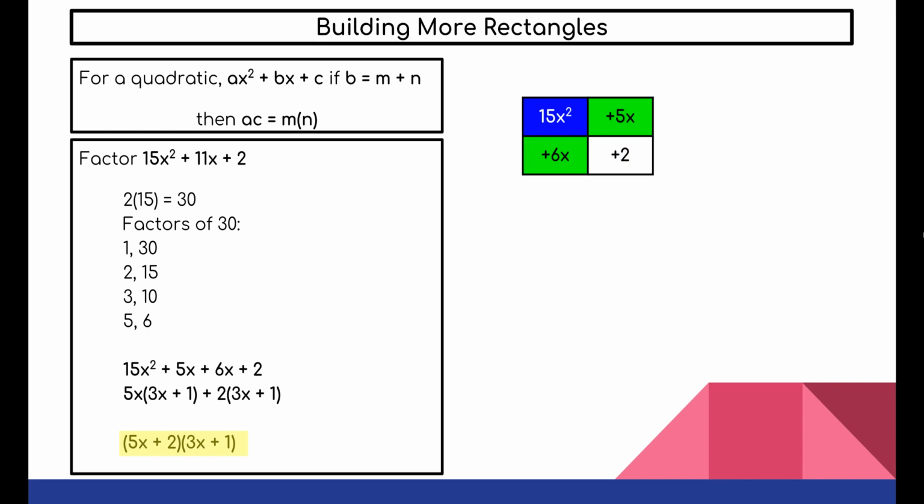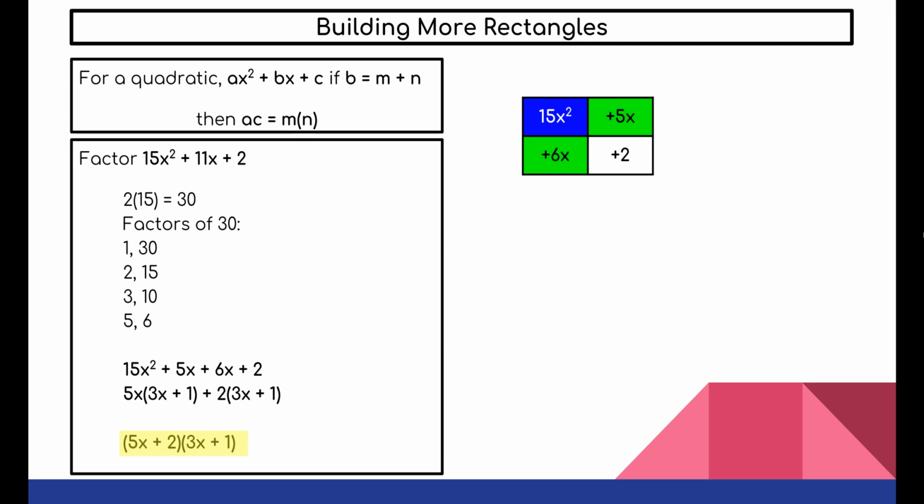Well, we have to start out the same way, and we still have to find out what two sums of m and n are going to equal b, and what product of m and n is going to be the product of a and c. So we'll still have to do that factoring part. But now we can arrange, instead of a massive diagram with 15x squared tiles, we can just write 15x squared, 5x, 6x, and 2.